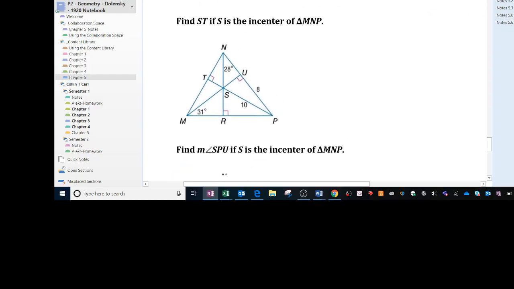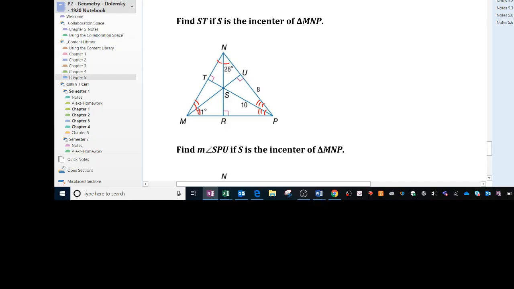Let's look here. It says find ST if S is the incenter. So if it's the incenter, that means that this and this are congruent, this and this are congruent, and this one and this one are congruent. So that's the incenter.